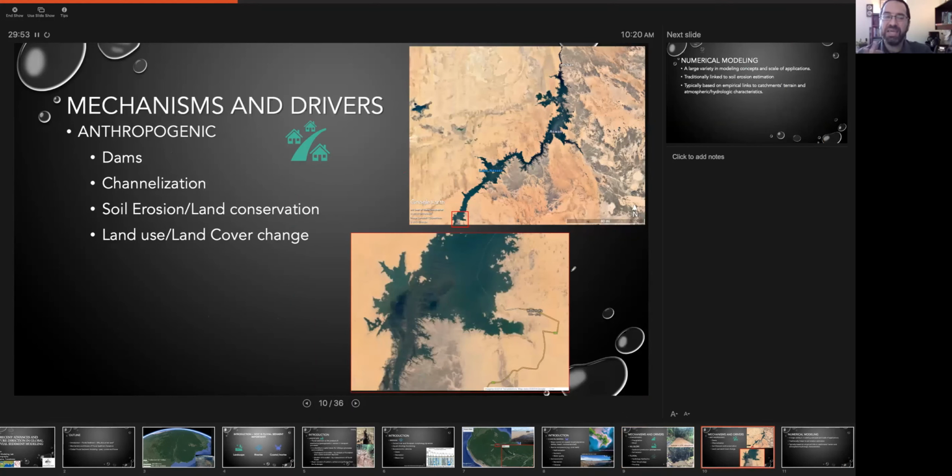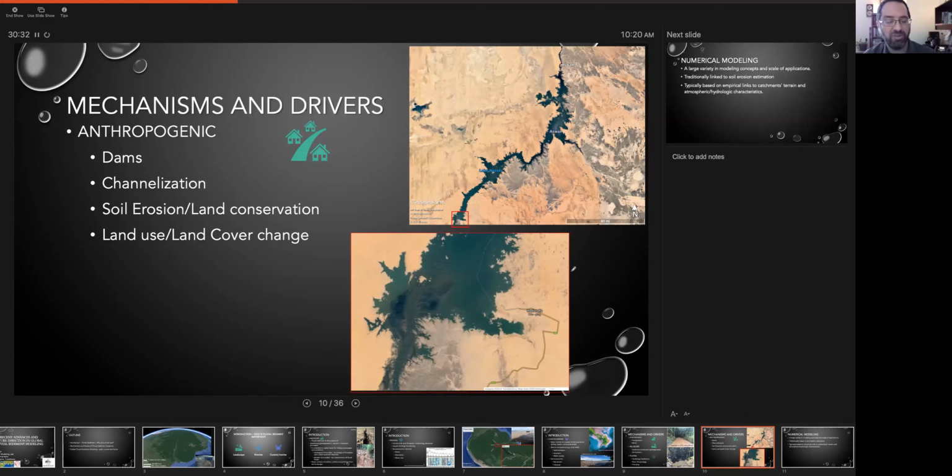The last mechanism that I want to talk about is anthropogenic. I'm going to talk a lot about it in terms of the different studies that we've been doing, but humans are a major force, as we all know, in terms of global change, but also very specifically to sediment. That's because we do a lot to our river systems, but also to the landscape. So there are actually conflicting processes or drivers that we humans, our societies, are doing. On one hand, we dam the rivers, right?